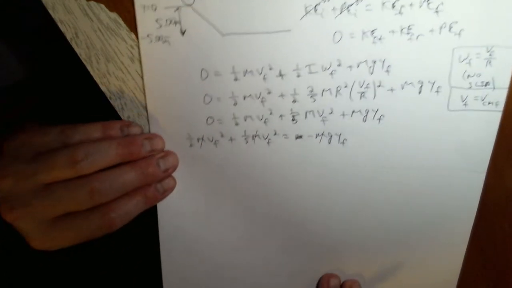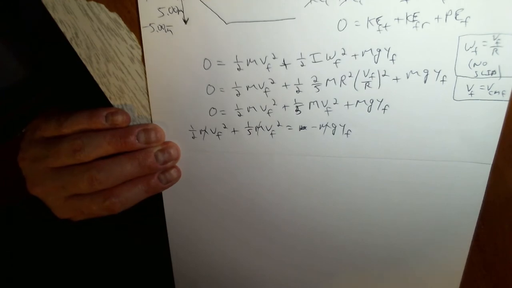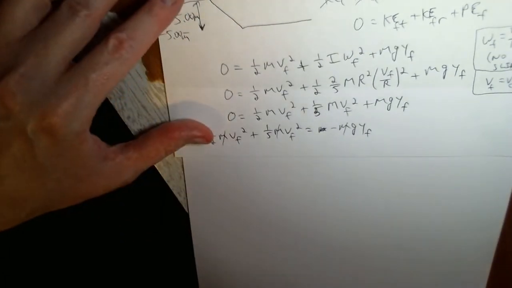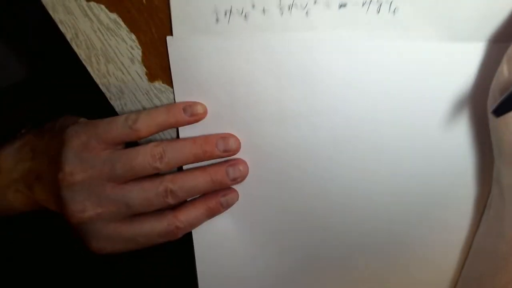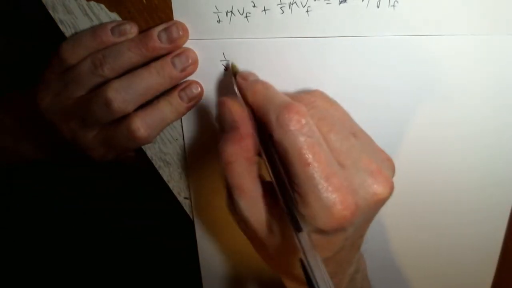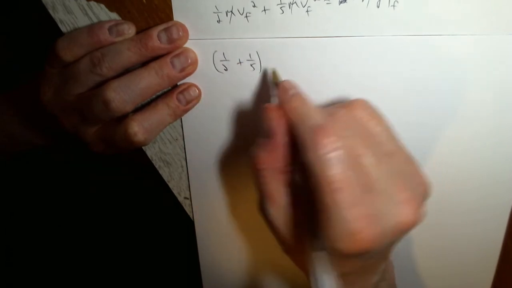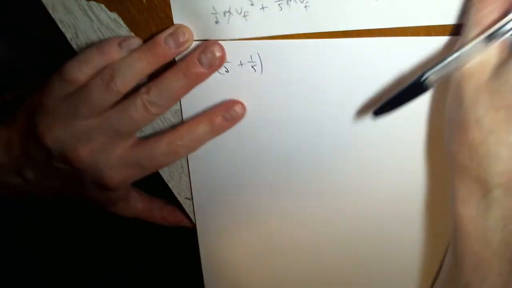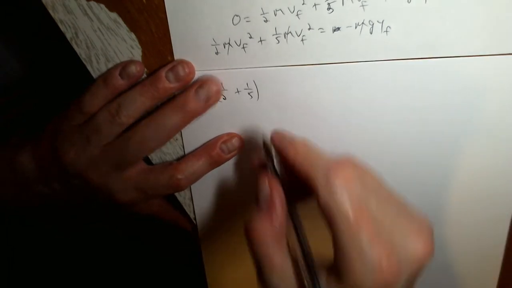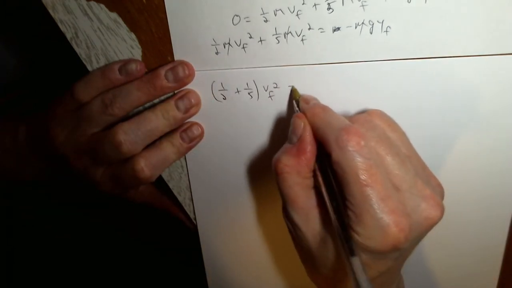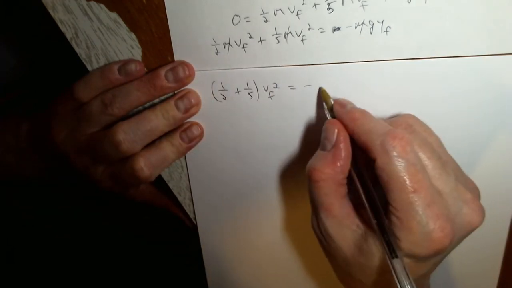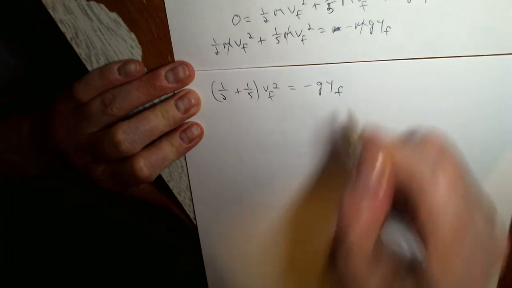Okay, and right, so let me finish solving this. So we get 1/2 plus 1/5, I'll factor that out, V final squared is equal to minus, the masses canceled, g y final.